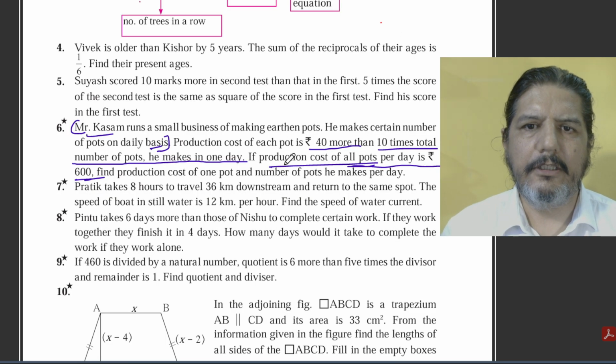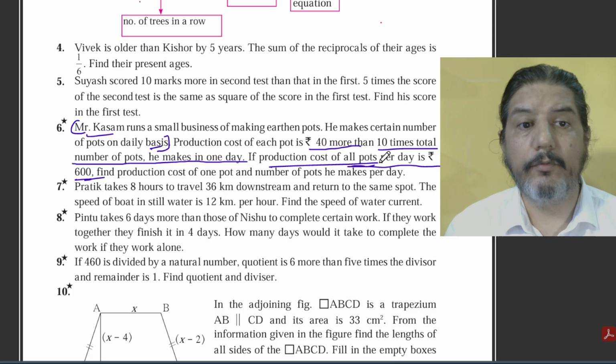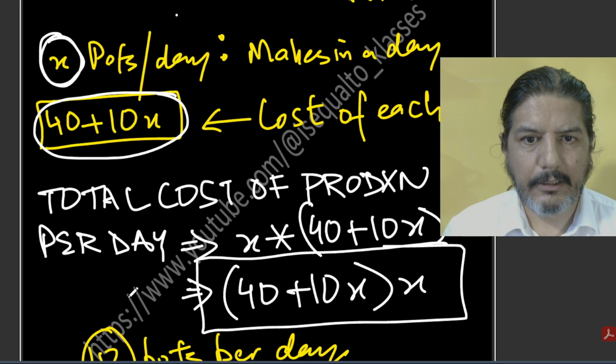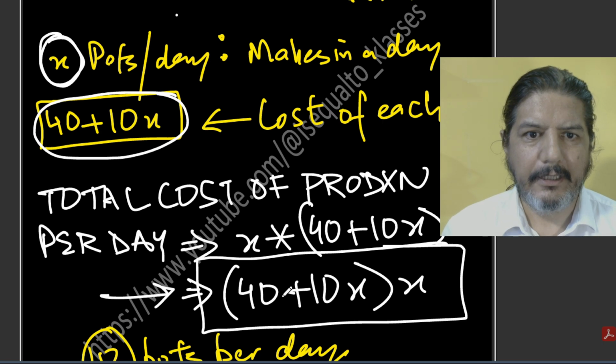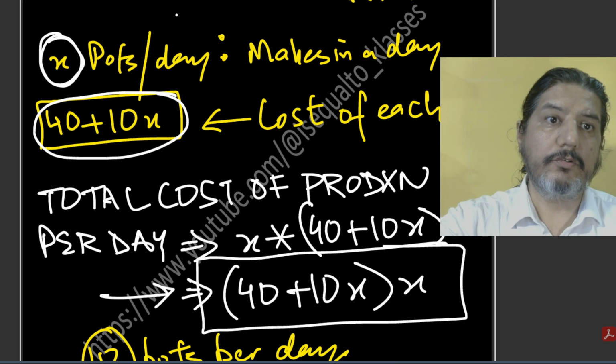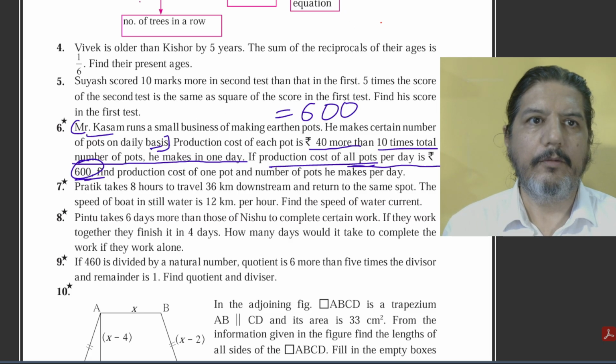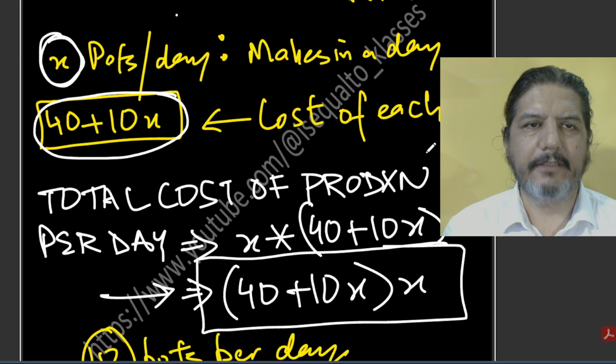And this is equal to the production cost of all pots per day, which is rupees 600. So basically what we have written here is equal to the total cost of production of all the pots, that is rupees 600. So our equation will be 40 plus 10x into x.